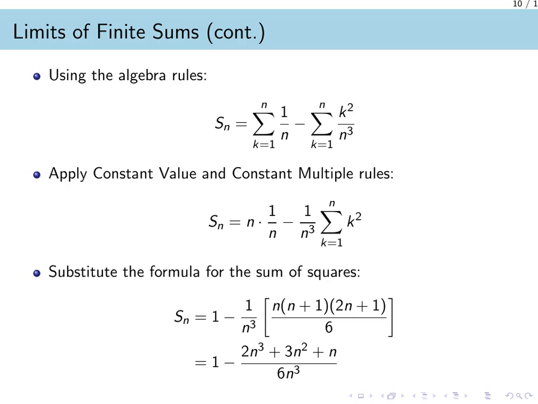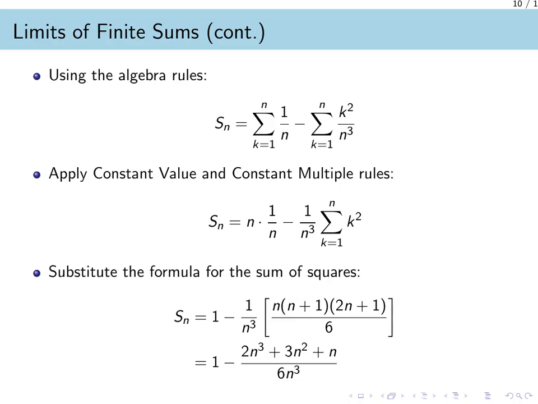For the second term, the fraction 1 over n cubed is also a constant factor. Using the constant multiple rule, we can pull it outside the summation. This leaves us with 1 over n cubed multiplied by the sum of k squared from k equals 1 to n.